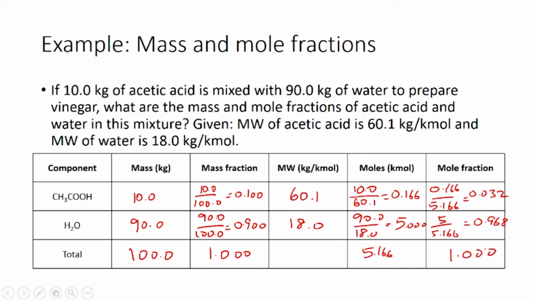So, this is how you would go about calculating your mass fractions and mole fractions. In case you have not been given the masses and only the mass fraction has been given, what you can do is assume that the total mass of the mixture is 1 kilogram or 100 kilograms, and use the mass fraction to calculate the mass of these components in the mixture, and then convert those masses to moles and still calculate the mole fraction.